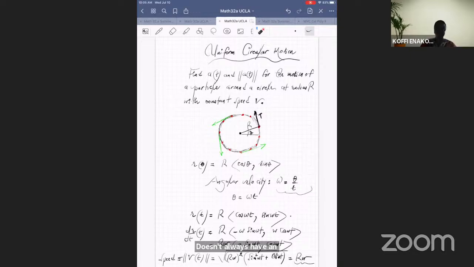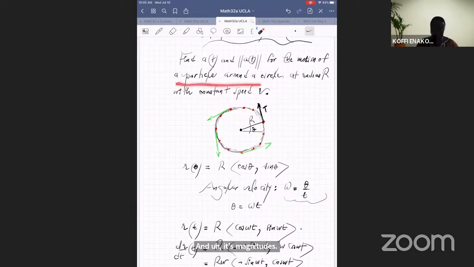So let's see how. For that, let's find the acceleration vector and its magnitude for the motion of a particle which travels around a circle, represented like this, with radius r and constant speed v.